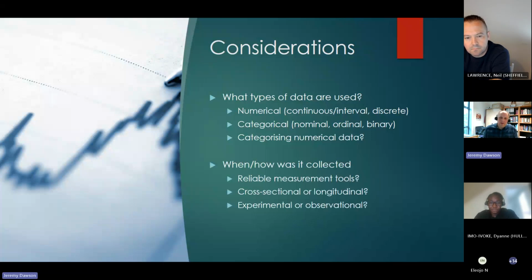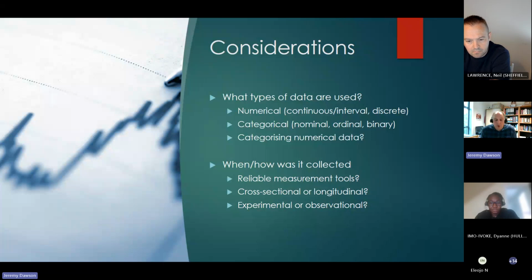The other thing to consider, either in terms of evaluating other studies or in terms of planning your own, is when and how the data are collected. And when I say how, one of the key things is, were the measurement tools reliable?